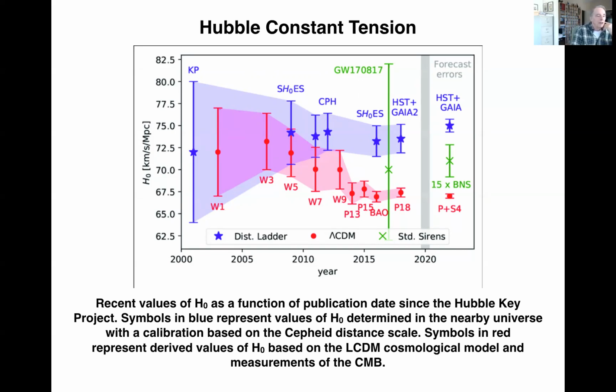And you can see each is converging, but they're not converging to each other. There's a tantalizing difference there that's unresolved. So it's suggested that something's wrong somewhere, or something new has to be added to what we know.